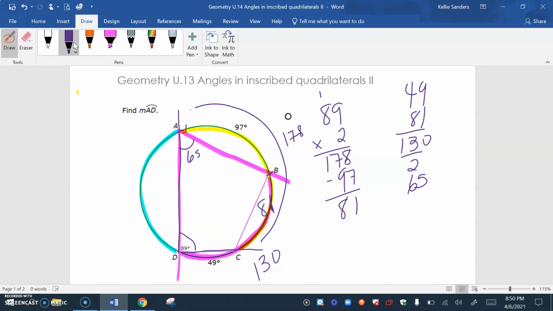Using what we learned in 12, opposite angles in an inscribed quadrilateral add up to be 180. So 180, probably where I should have started off with on the first one. So 180 minus 89 is 91. 91 times 2 is 182.